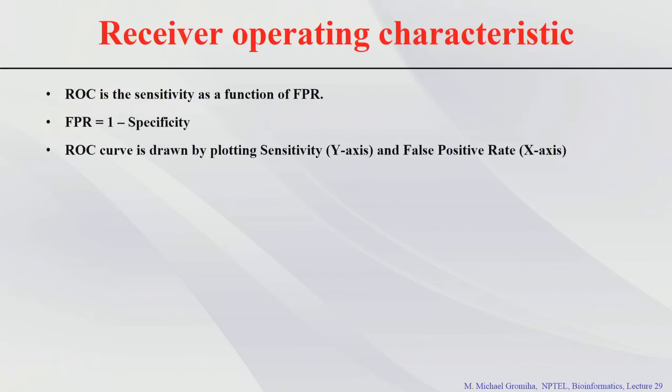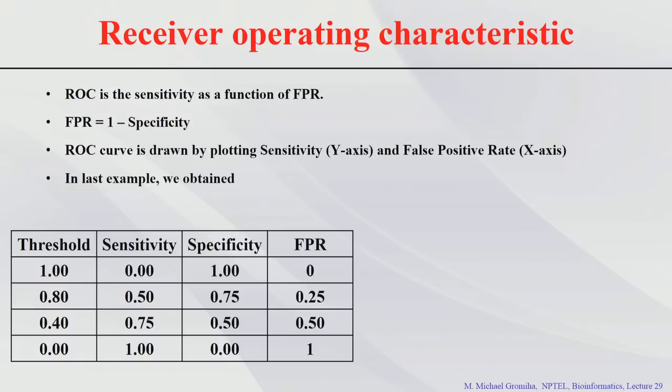So, you can see the ROC is sensitivity as a function of false positive rate, as you mentioned. What is false positive rate? 1 minus specificity, so that is also right. This is the data I showed earlier: with the different thresholds you can get the sensitivity, specificity and false positive rate. So, where are the false positive rate and the sensitivity? What is the value for the first plot here? It is 0, 0 at this place.